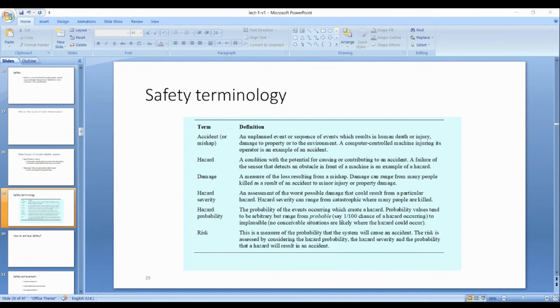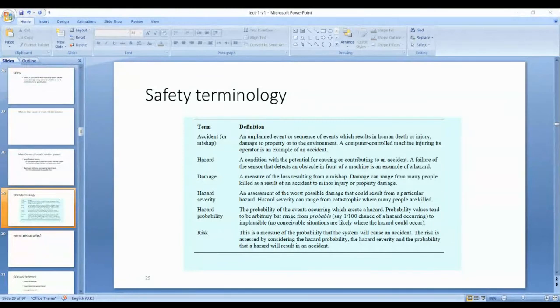Hazard is another terminology, a condition that can cause or result into an accident. For example, a sensor that detects an obstacle, like the Saudi airline passenger plane that hit a cargo plane, so that sensor failed to detect there was an object coming to hit the plane.